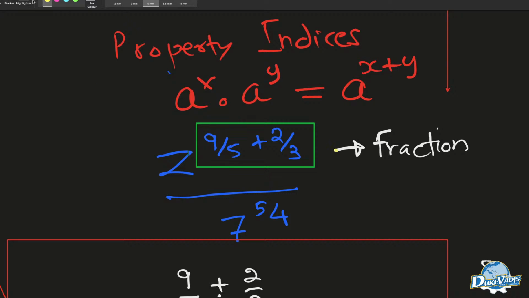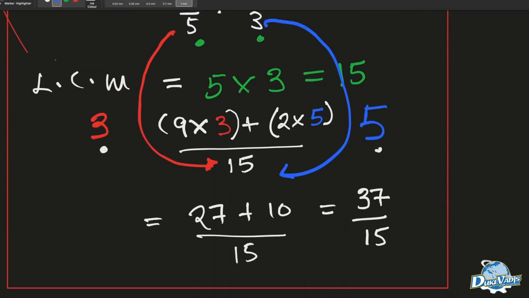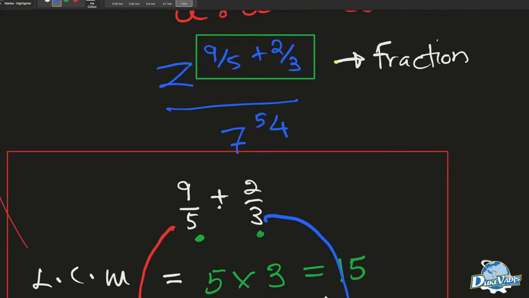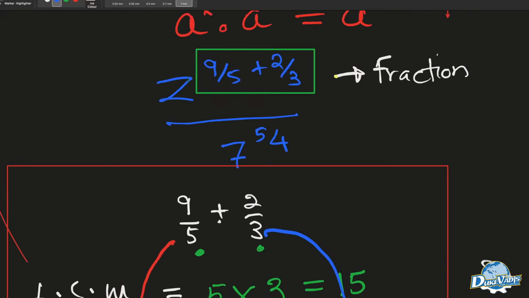Let's go back to our blue color. So now we have z raised to the power 37 over 15, divided by z over 5 over 4.